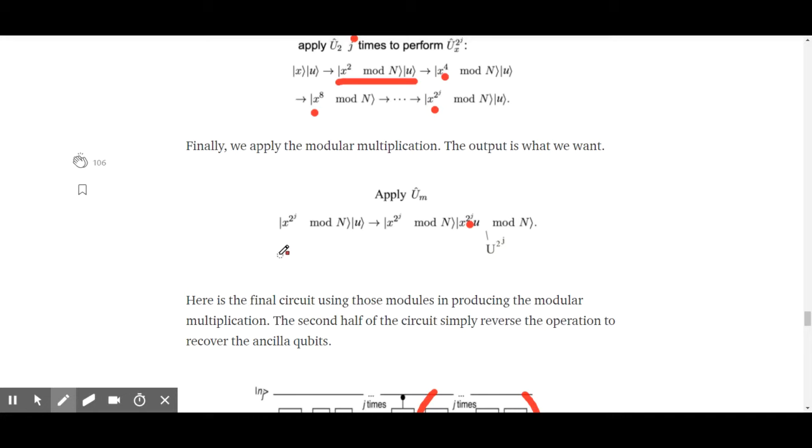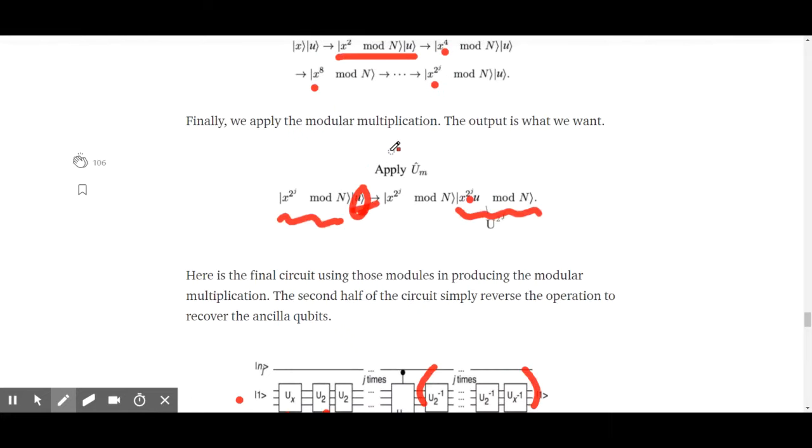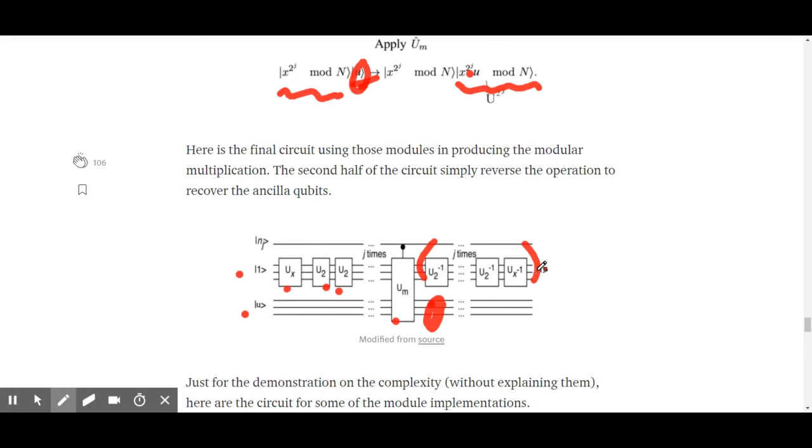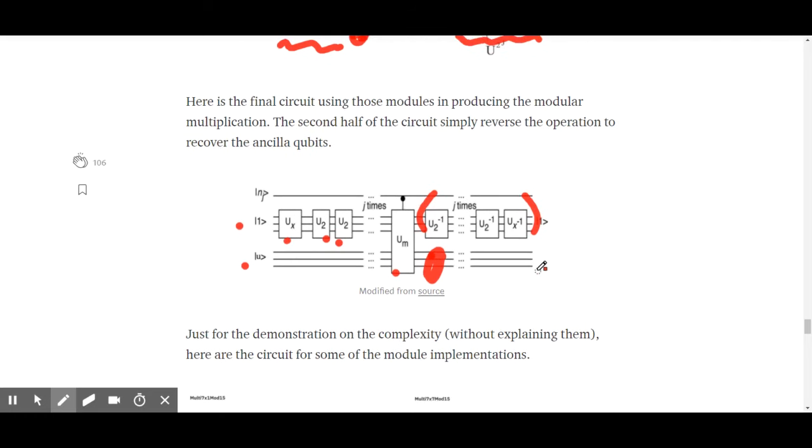Okay, so then you apply this multiplication, which basically turns that u into this. Sure, but that's not telling me why or how. Like, that's just outlining the steps.